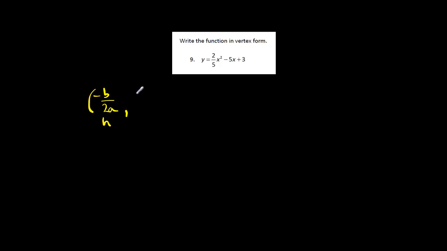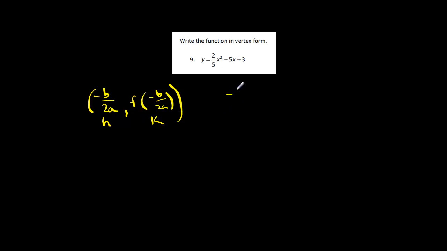And then once we have the h value, we can plug it back into the equation. So we're going to have f of the opposite of b over 2a. That's just fancy notation, meaning that we're going to plug whatever we got for x back in to find out what we get for y.